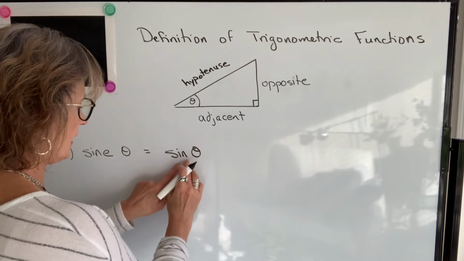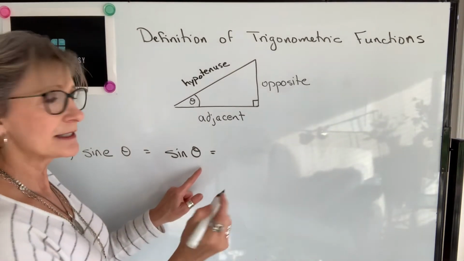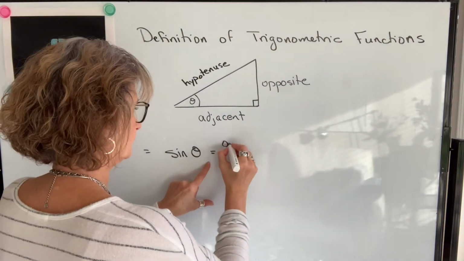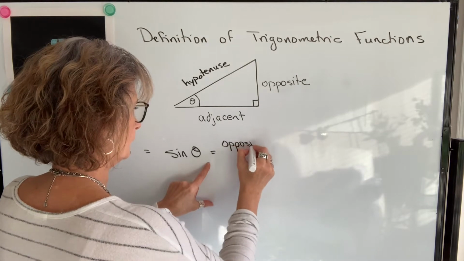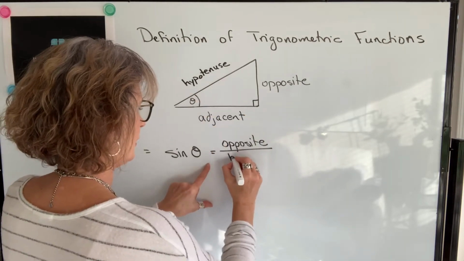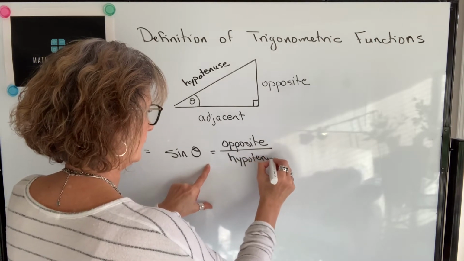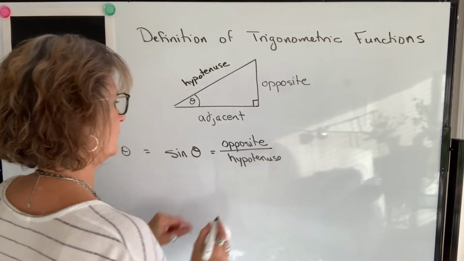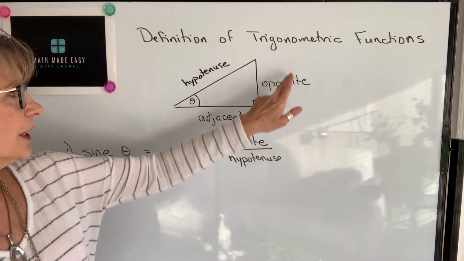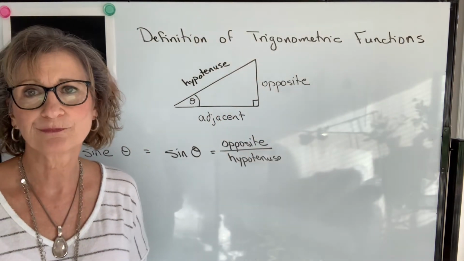So you'll see SIN, and that just means sine of theta. Sine theta is defined as the ratio of the side opposite the angle to the hypotenuse. So the sine of this angle is defined as the ratio of the opposite side to the hypotenuse. That's all it refers to.